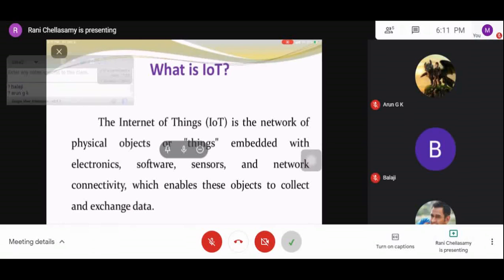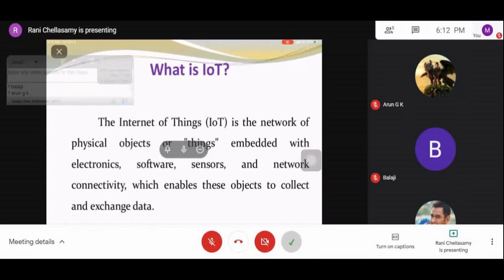In other words, it's a network of physical objects or devices. The device could be a laptop, mobile phone, computer system, or any electronic gadget. These are objects or things embedded with electronics, software, and sensors.